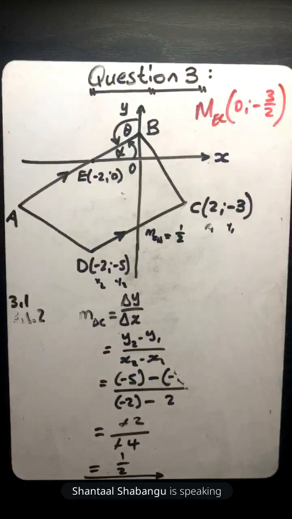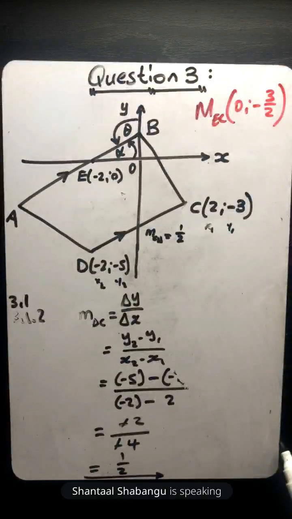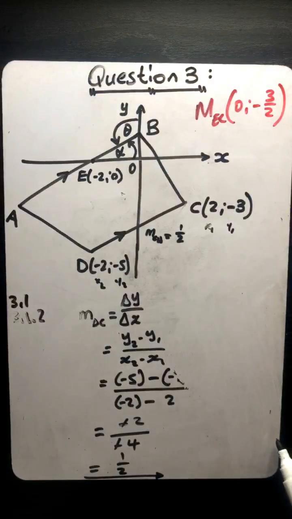So that AB equals a half because they are parallel. What and what? AB and DC are equal because they are parallel. Remember, what is equal is their gradients.